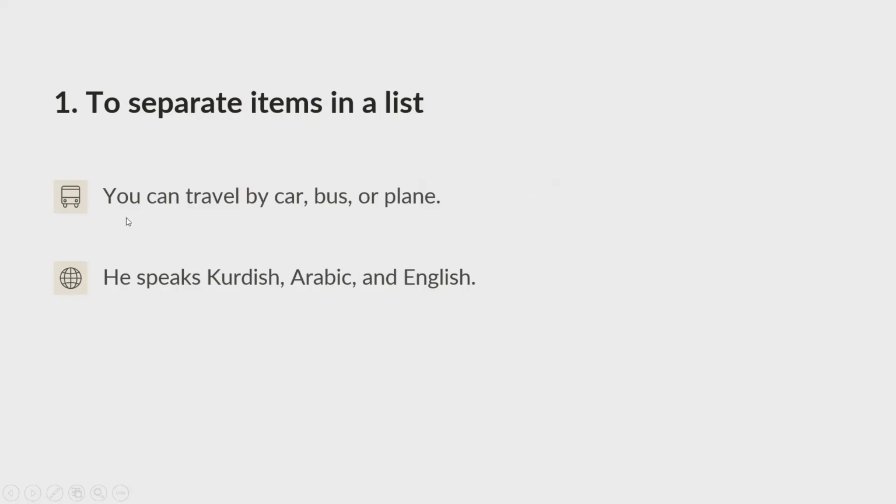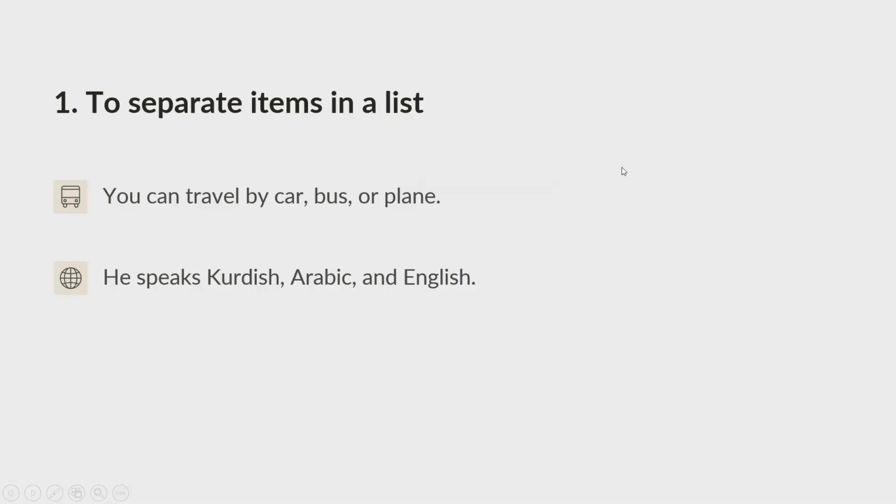As you can see in this example, you can travel by car, bus, or plane. So the use of these commas is to separate items, words in a list. The second example, he speaks Kurdish, Arabic, and English. So these commas are used to separate items in a list.